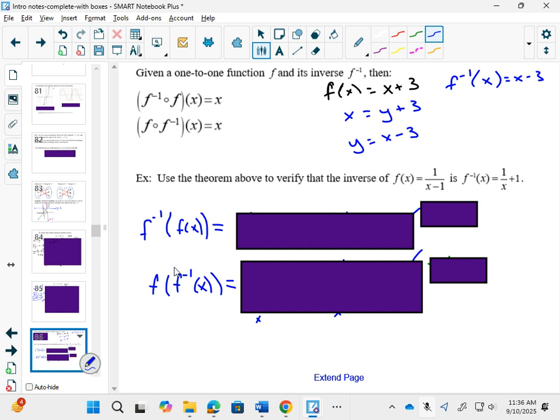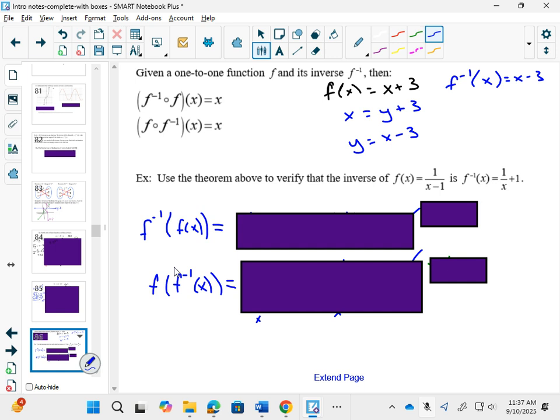So when you have the composition of functions, f inverse of f, what it's saying is you're putting into one function first, whatever answer you get that comes out goes back into the other function.